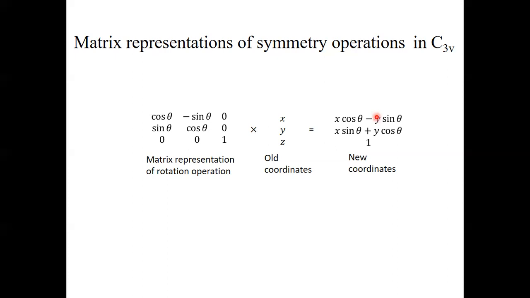Now what you see here is that in contrast to the previous matrix representations that we saw, we do not only have non-zero numbers on the trace of the matrix, which is here, but we also have non-zero characters on other positions, in particular on this position here and in that position here, and that's because of the dependency of the x and the y coordinate.